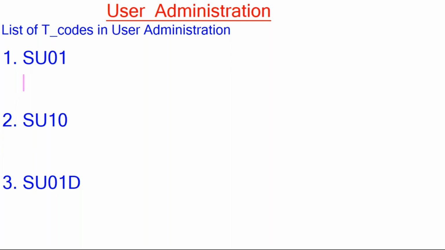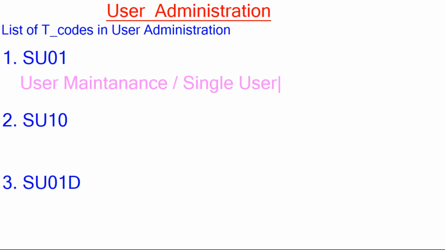SU01, this is the T code for user maintenance, also called single user administration.